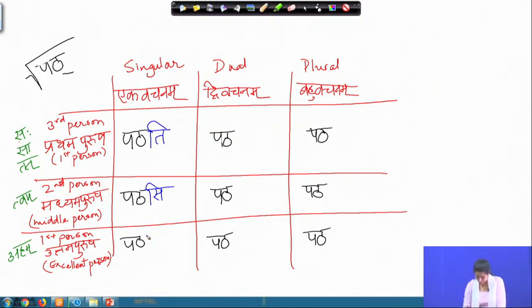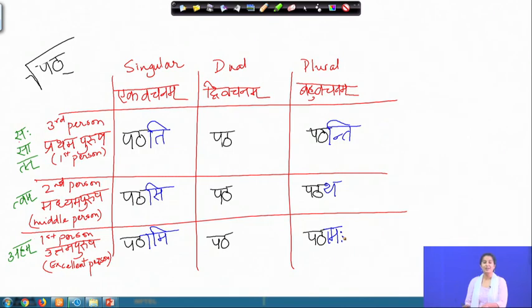Aham pathami. Okay. And then here you have in the plural. So we've looked at the plural today. So what did pathati become? You add the numbers and it becomes pathanti. And here you add the number, the plural, it becomes pathatha. And then we have the plural of the first person, which was pathamah.